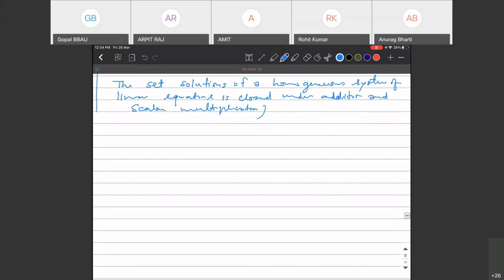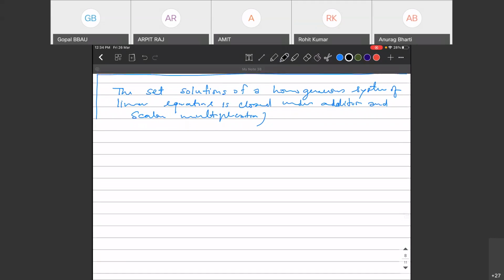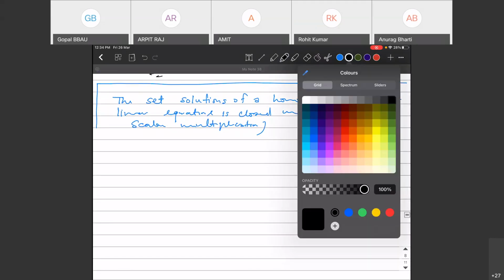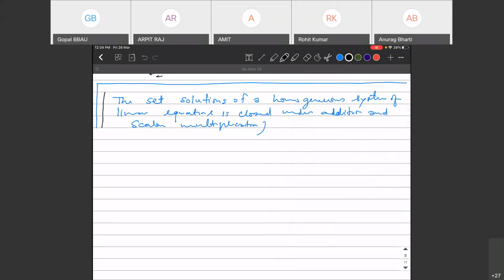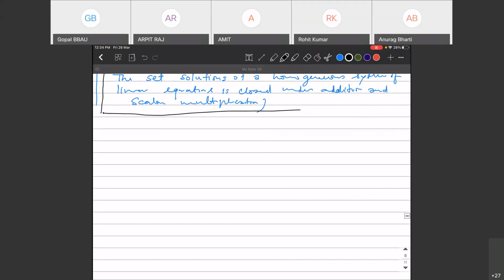So let's compare the solution set of a homogeneous system and a non-homogeneous system. Is this statement that I just wrote true for a system of non-homogeneous equations? It need not be true. Why so? Just take x plus y equal to 1.